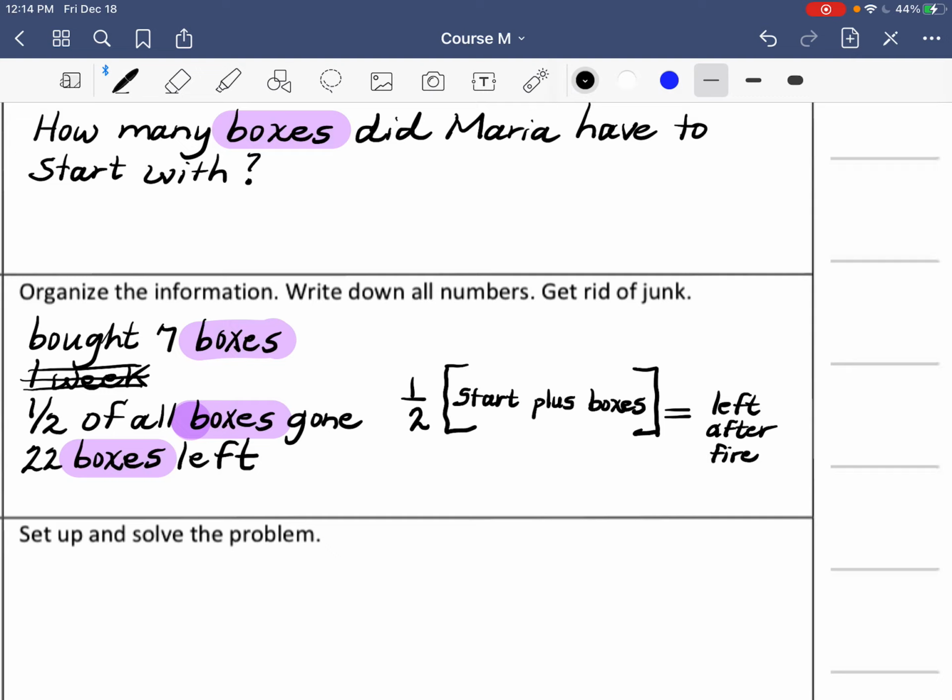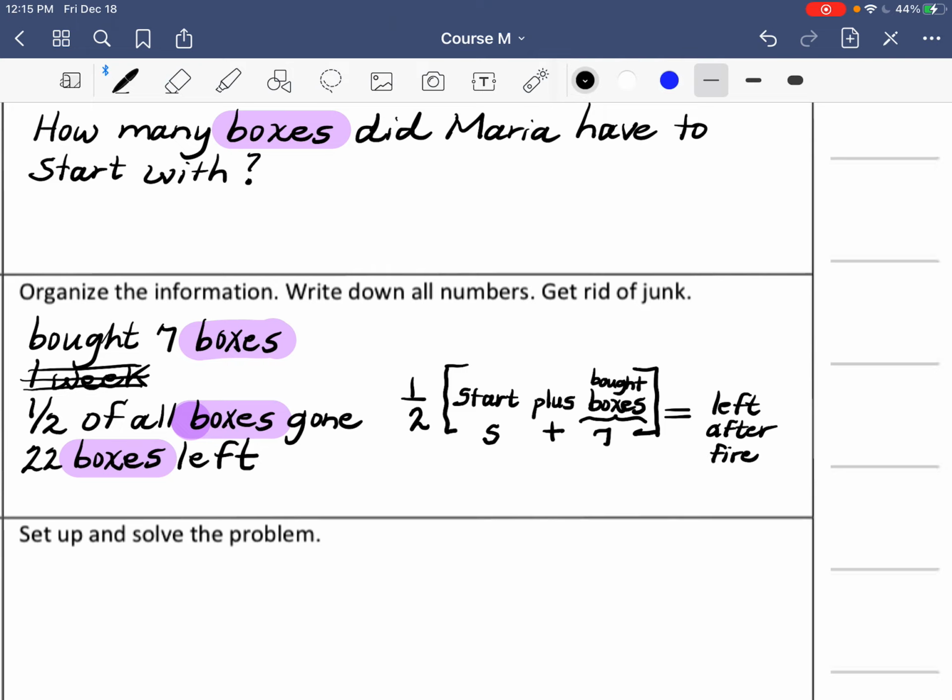So here's what I want to do. I want to substitute some numbers. We've got a plus sign. She added boxes. She added 7. These are the boxes that she bought. We don't know how many boxes she had. That's the unknown. So I'm going to use the letter S for how many she started with.